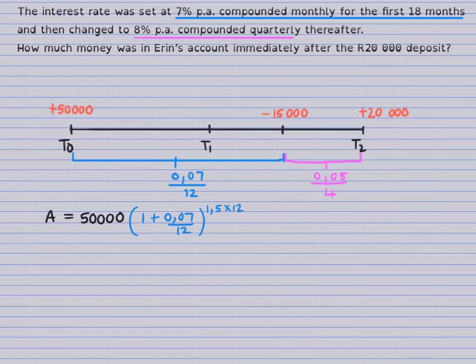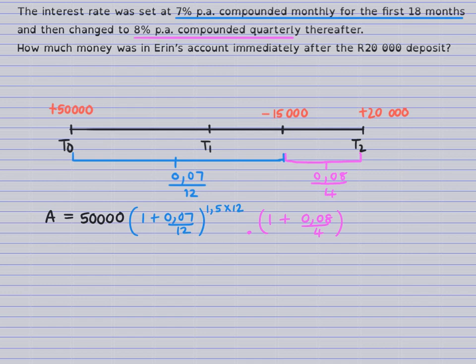If I say 1.5 times 12, well, that is 18 months, or just 18. And now whatever that amount of money is, the 50,000 earning interest for 18 months at 7%, that amount will also earn interest set at 8%, but compounded quarterly.